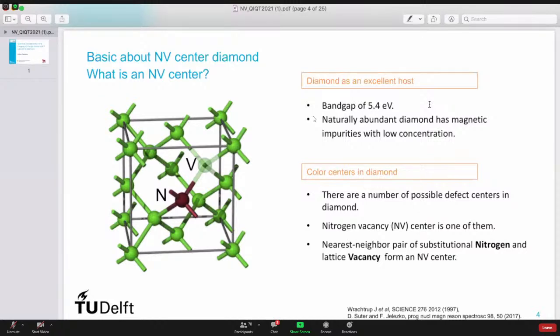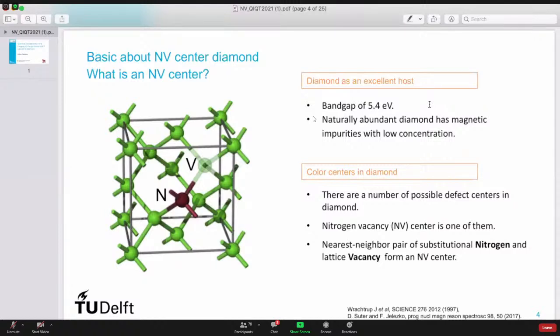So what is an NV center? It's basically a nitrogen atom which replaces a carbon atom and then gets coupled with a vacancy, the nearest neighboring vacancy, and they form a composite system which we call a nitrogen vacancy center system. Now, nitrogen has 5 valence electrons. 3 of them make covalent bonds with the 3 nearby carbon atoms, and 2 create a lone pair.